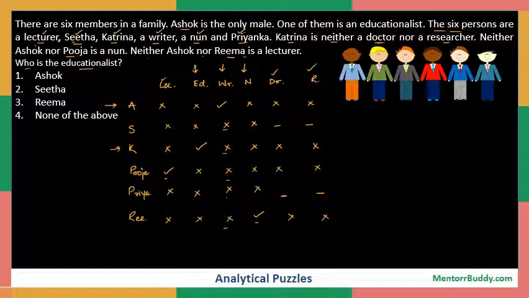Now if I look across the educationalist column, I will see that it's Katrina who is the educationalist. And when I look into the options, Ashok, Sita, Rima, none of the above. Because I do not see Katrina's name here, my answer to this question becomes none of the above. But otherwise I know that educationalist is Katrina.